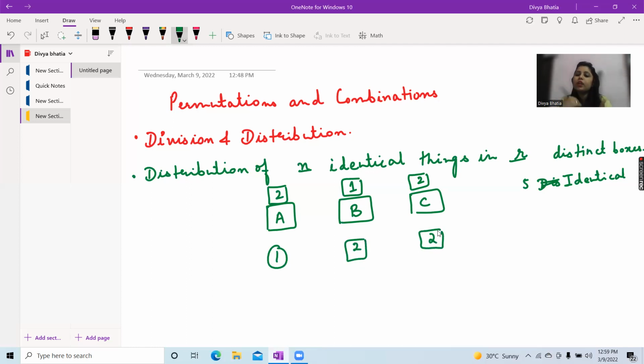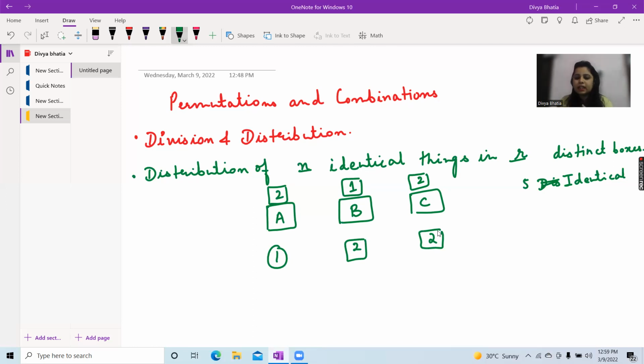So now these 2 are distinct solutions. That means 2, 1, 2 and 1, 2, 2 are distinct solutions. Why? Because our boxes are different. So putting 2 things in A, 1 thing in B, and 2 things in C is different from putting 1 thing in A, 2 in B, and 2 in C.